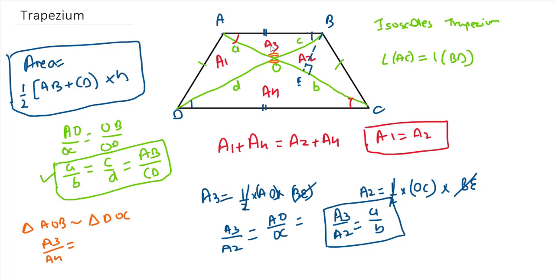So in this case, if we consider these two angles, angle B and angle D, the side opposite to angle B is A, and the side opposite to angle D is B, so we'll get A upon B, and their square. So this is also one of the relations between the areas of the trapezium.